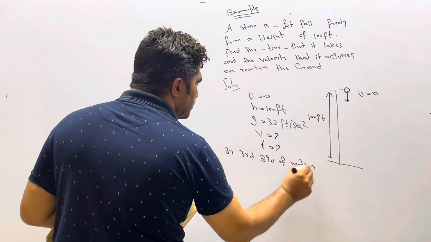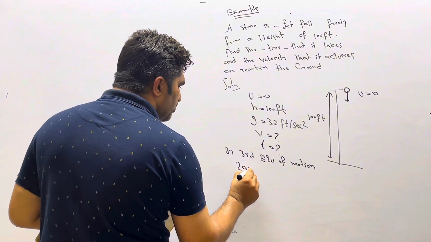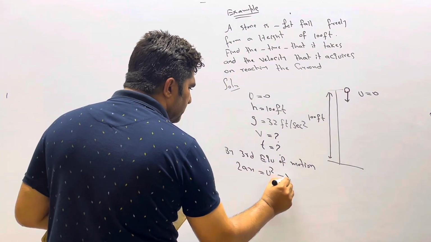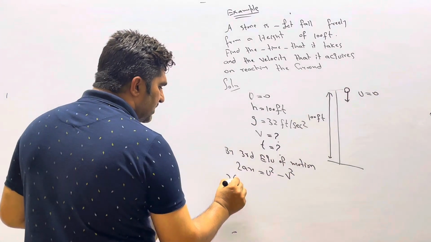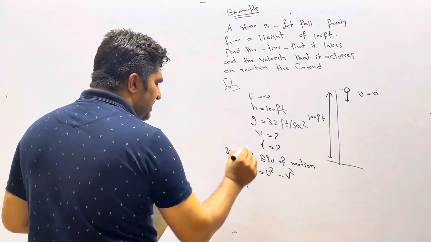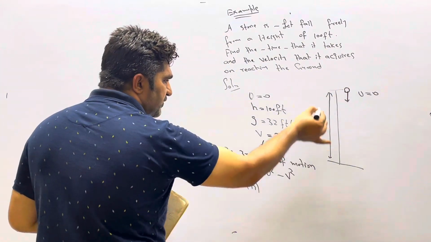2ax equals v square minus u square. 2a means this G. X means this h, because the travel distance is h.